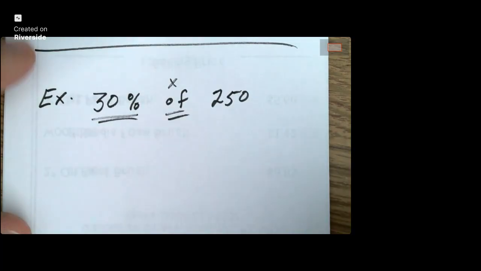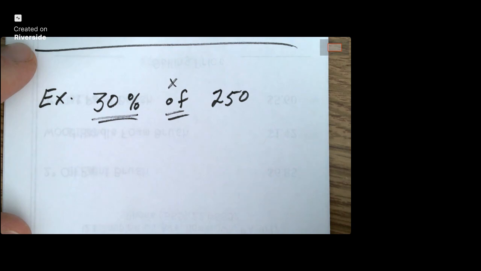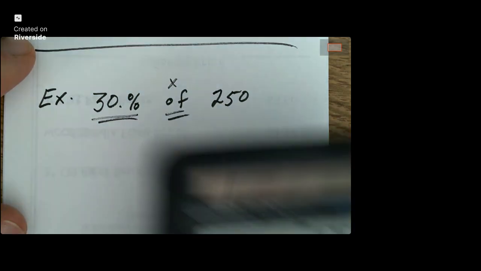So 30%, where's the decimal point in the number 30? Every number has a decimal point, and if it doesn't show the decimal point in the number, then we assume that the decimal point is at the far right end of the number. So there's the decimal right there. In order to turn any percent out there into its decimal number, all you do is move the decimal point 2 spots to the left, which is the same thing as dividing the number by 100.